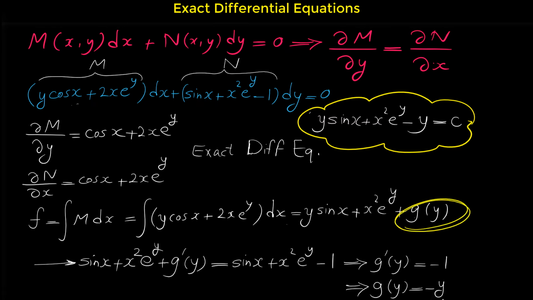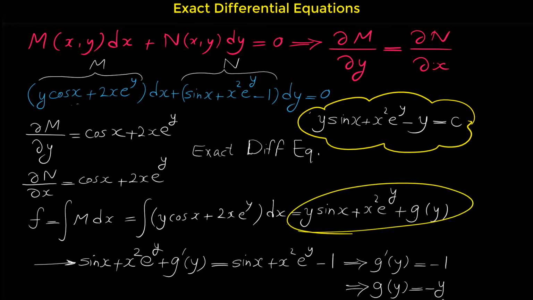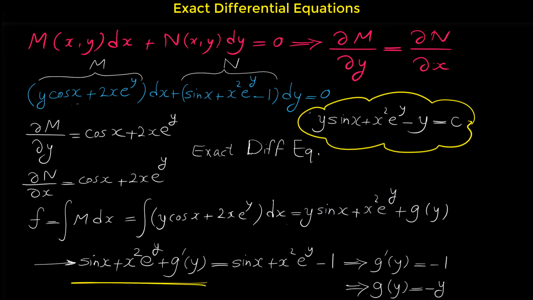For finding this g, we have to differentiate this and set it equal to N here. So for finding g of y, take the derivative of this expression with respect to y and set it equal to N, as we did here.